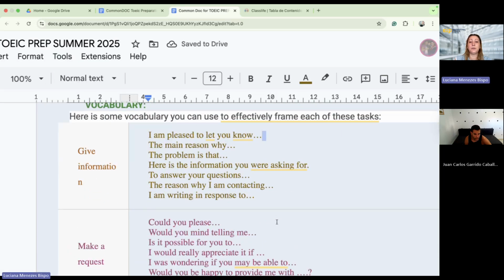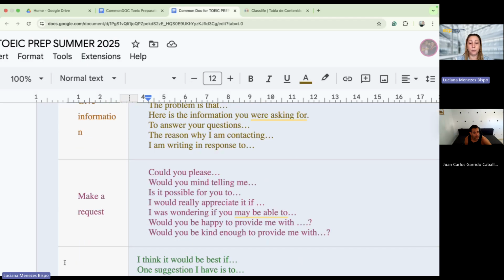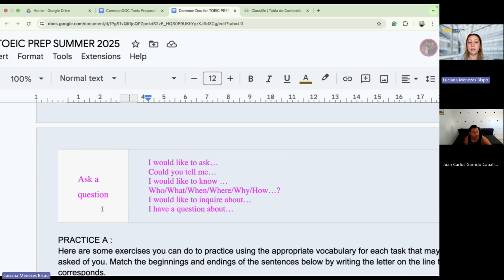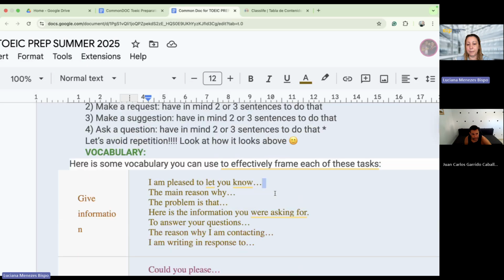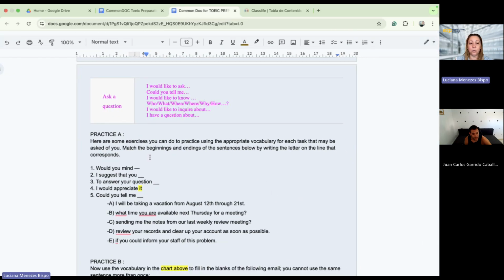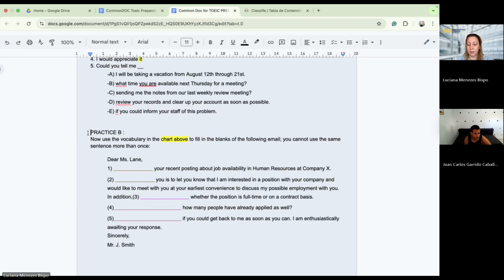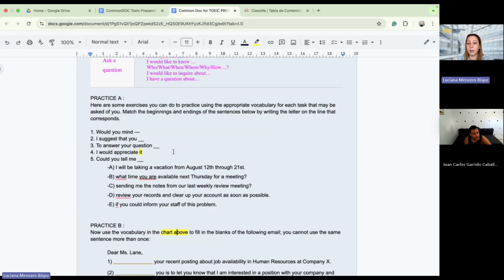All right, and the vocabulary. We have here a bank of information, requests, suggestions, and questions for you to use. I'm not going to make you read all of them, but I would like you to do practice A and practice B. In practice B, you have to use sentences from the chart above.